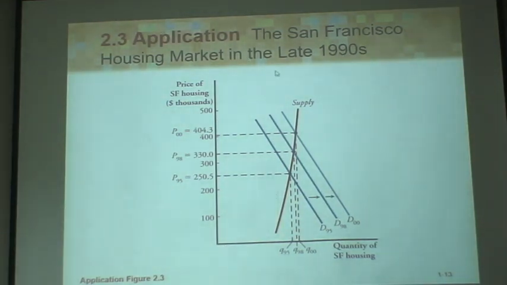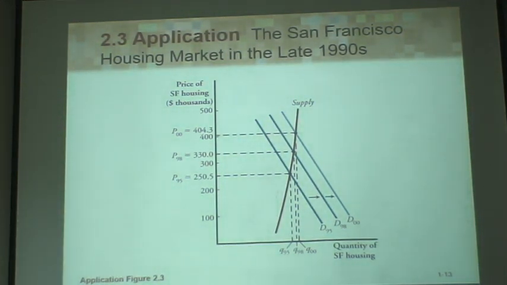So here is about the San Francisco housing market in the late 1990s. Probably most of you were not born at that time, right? The 1990s was a crazy time. Why? Because we had the internet bubble.